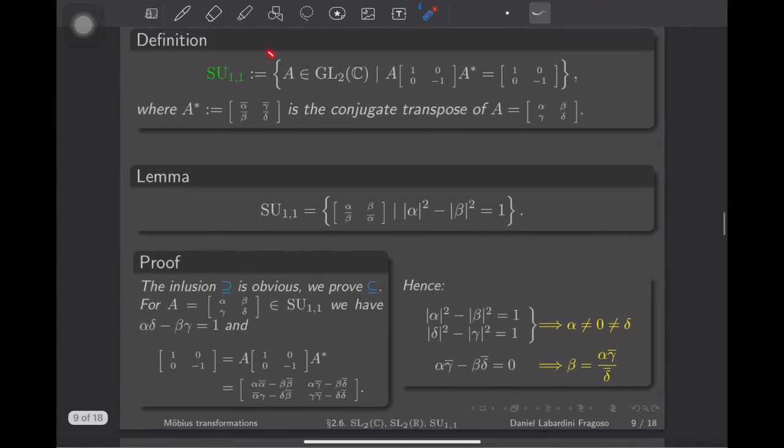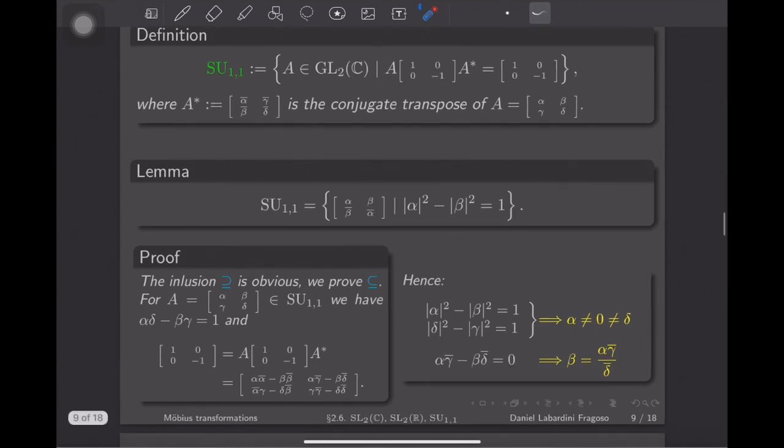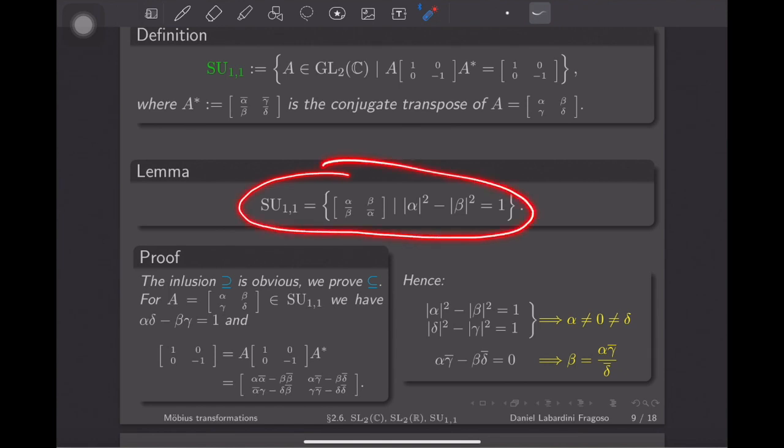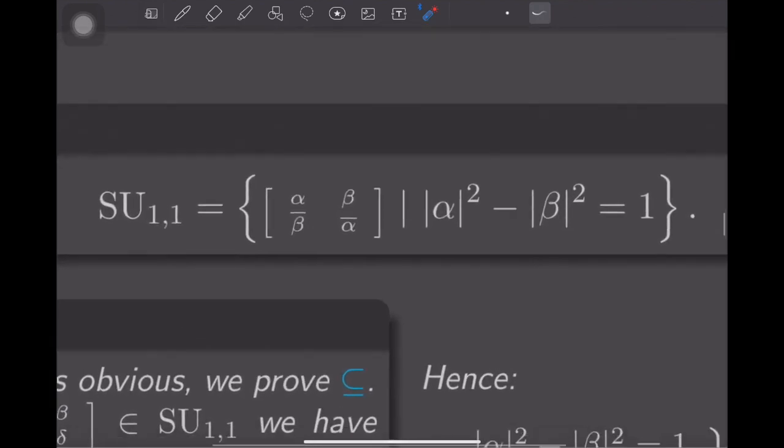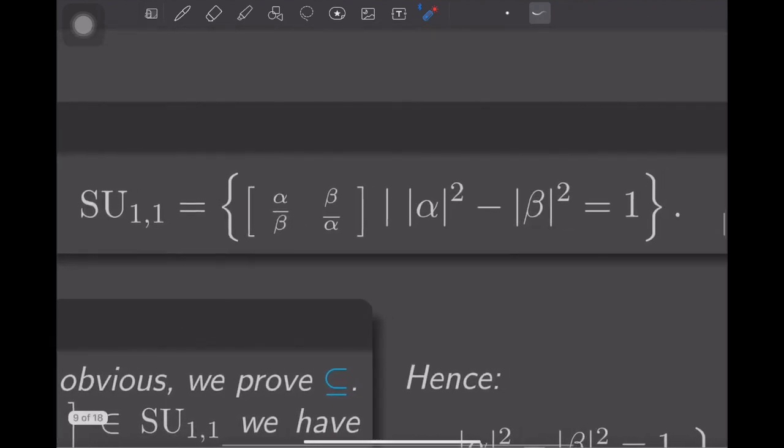So what I just did was define this group as a matrix Lie group, and the first lemma is to give a description of how the entries of any of the elements of the group look. So what the lemma asserts is that SU11 really consists of the following matrices.